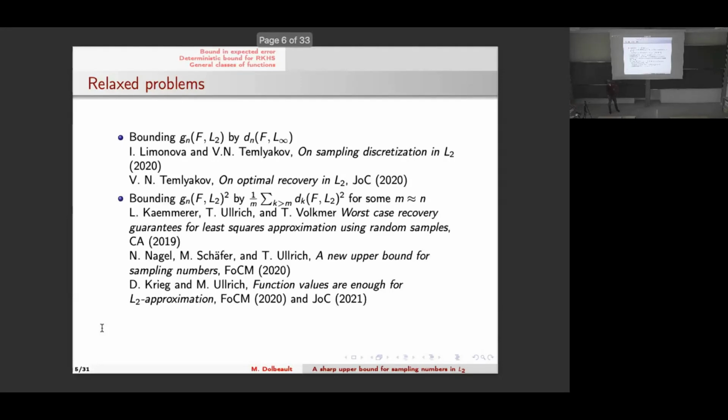Okay, another option is to say, I cannot bound Gn just by Dn, but I can bound Gn by the tail of all Dn's.